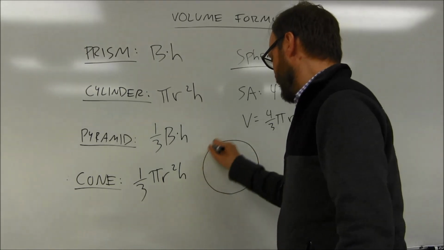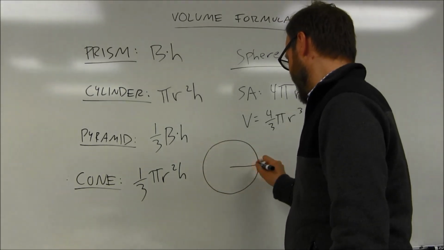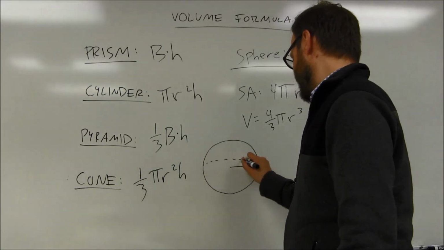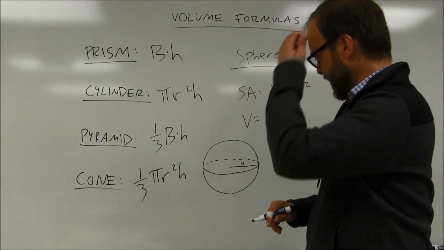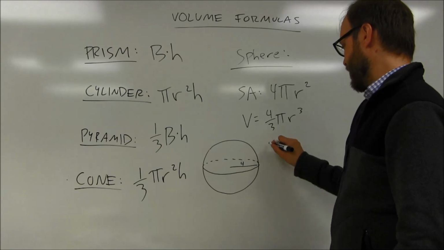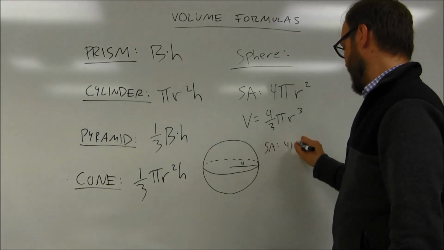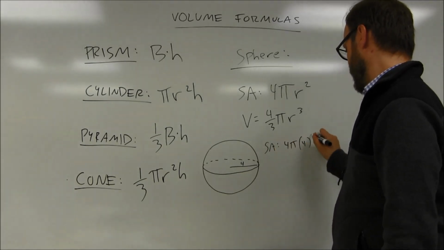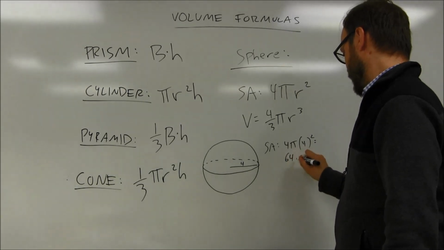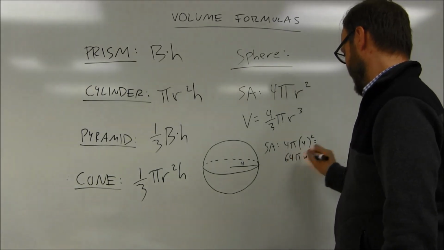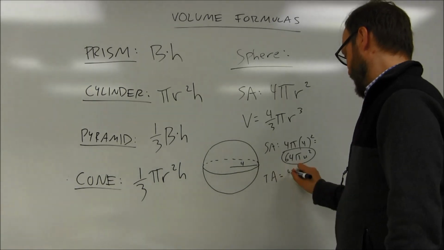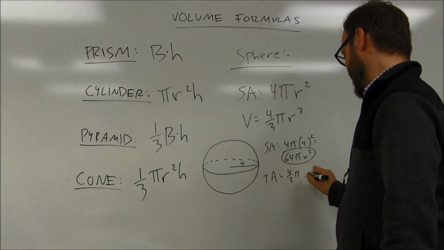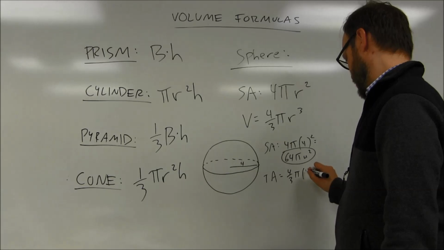And so, for example, if I had a sphere, let's say the radius was 4. The surface area would be 4 times pi times 4 squared, which would be 64 pi square units. The volume would be 4/3 times pi times the radius cubed.